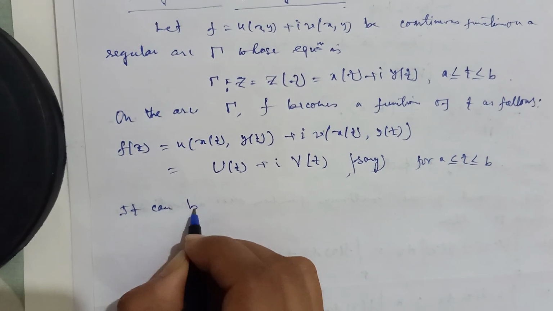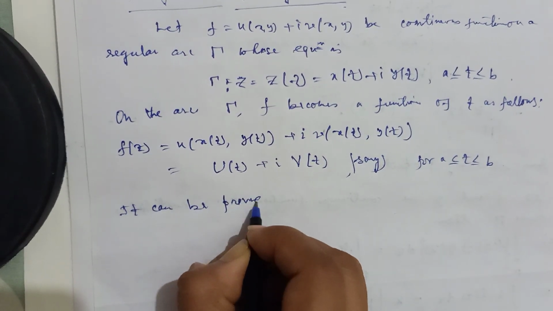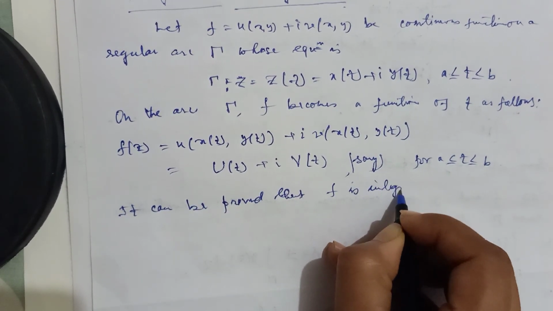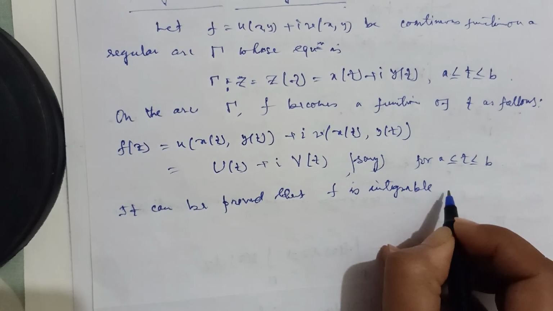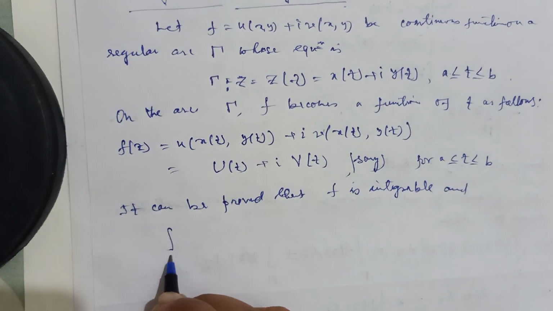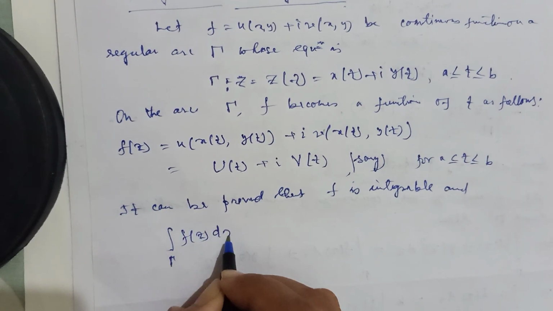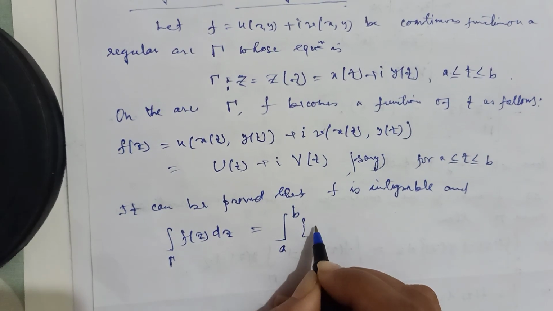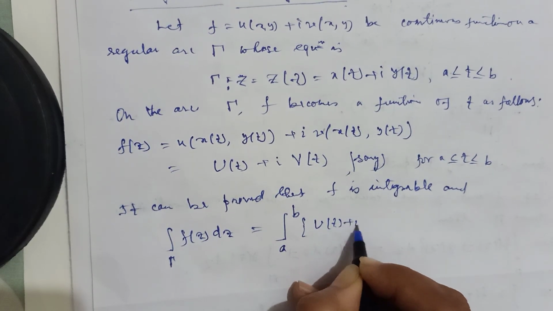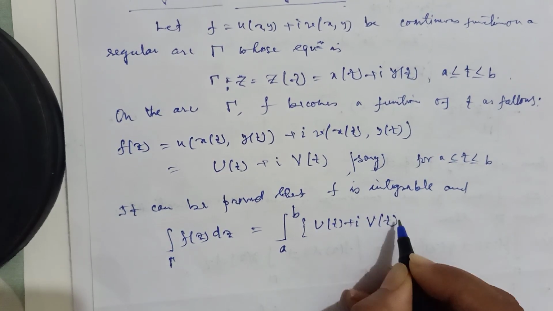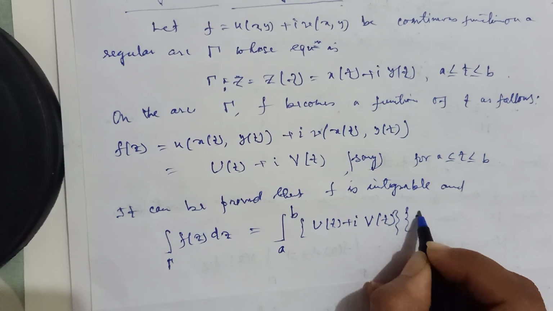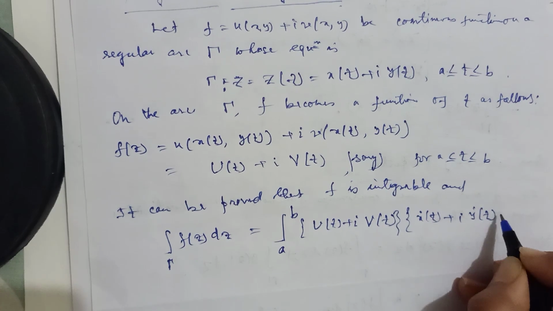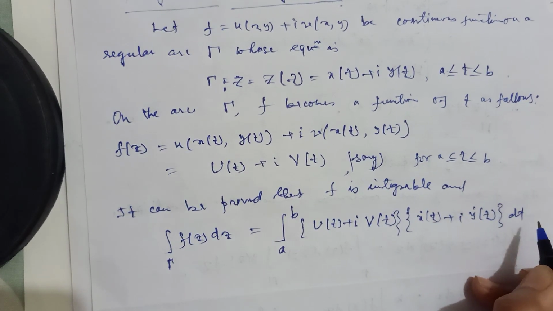It can be proved that f is integrable, and the integration over gamma f(z) dz equals the integration from a to b of (u(t) plus i V(t)) times (x dot(t) plus i y dot(t)) dt. Clear?